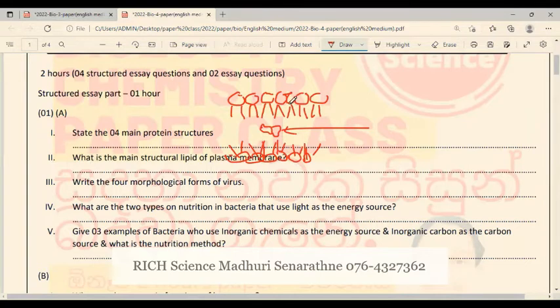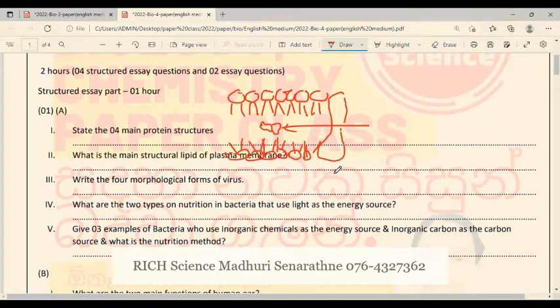Okay, there are two types of lipids, phospholipids and cholesterol. The main lipid is phospholipids, and protein molecules are embedded in there. Okay, what is the main structural lipid of plasma membrane? Phospholipids.